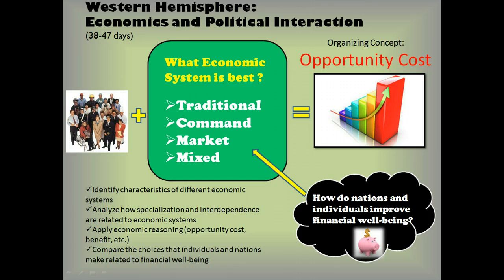As students explore this organizing concept, they will identify characteristics of different economic systems and analyze how specialization and interdependence are related to economic systems. They'll apply economic reasoning, such as opportunity cost, incentives, impact of scarcity, and goal setting, and students will compare the choices that individuals and nations make related to financial well-being.